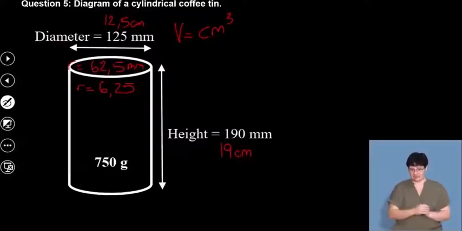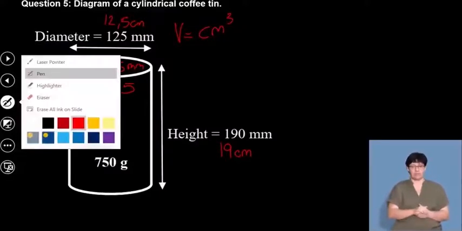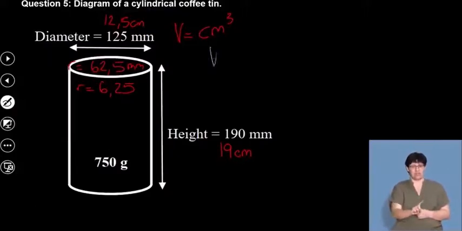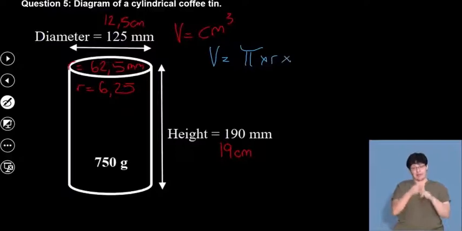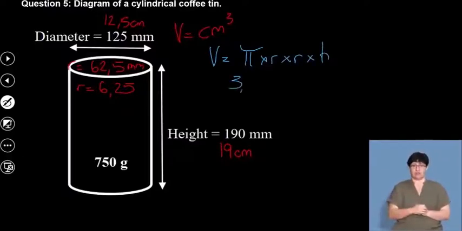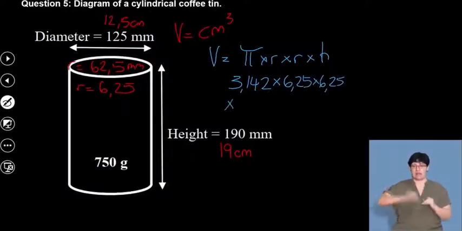My volume, what I like to do is write out my formula. So my volume was pi times R times R times H. And they asked me to use 3,142 times my radius of 6,25 times my radius again and times by my height. Just going to write it underneath here, times by 19. So let's get my calculator out.